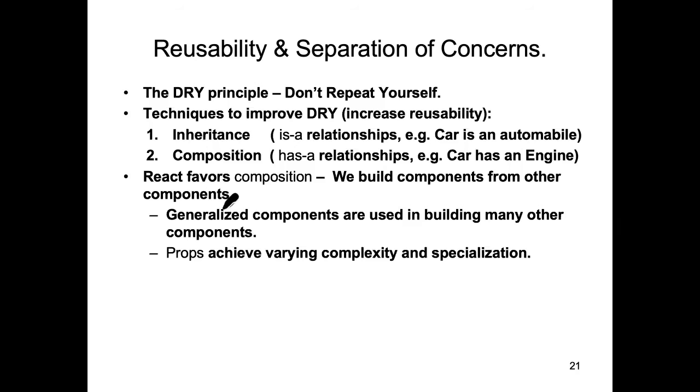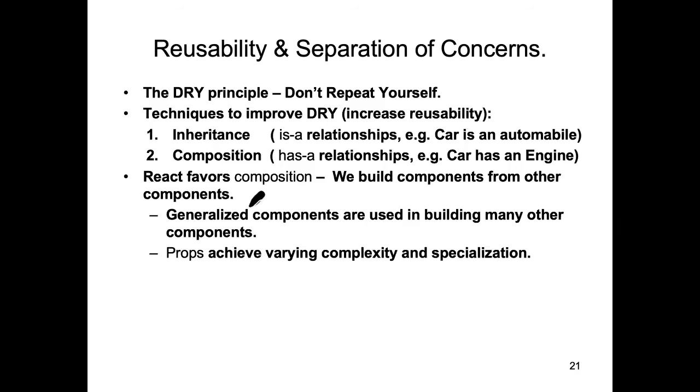This is another way of thinking about composition in relation to React and components. It's about trying to code up or implement generalized components and then using them to build other components. Now, the generalized components, how do you make them specialized? Well, one way might be passing props into them, but the props could be anything in terms of form.